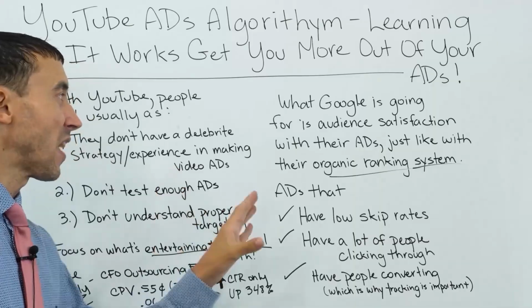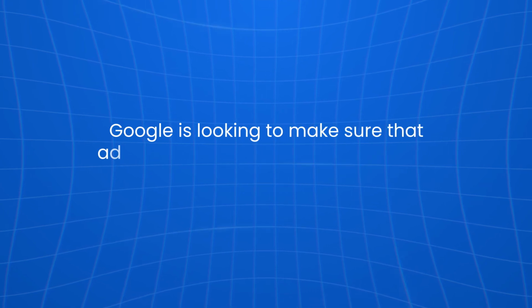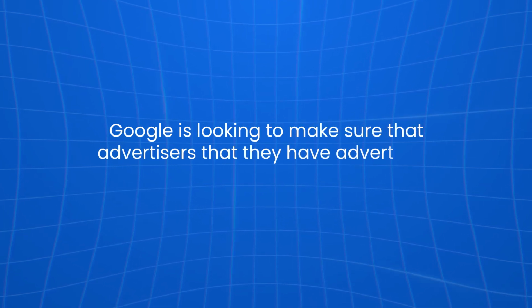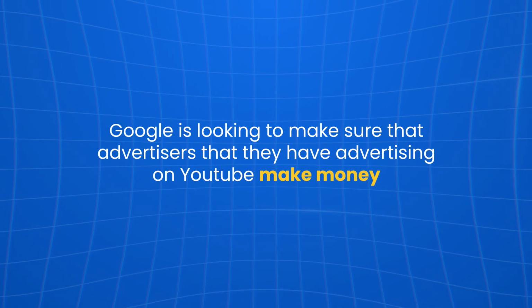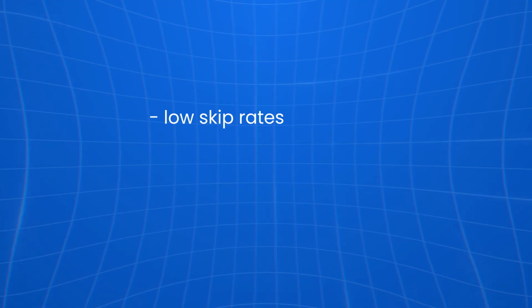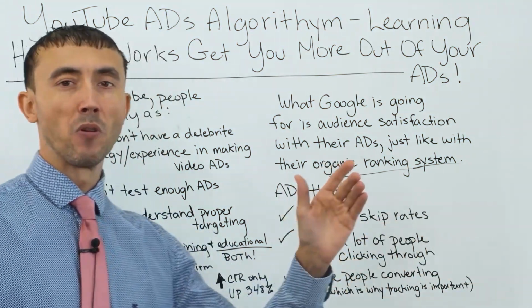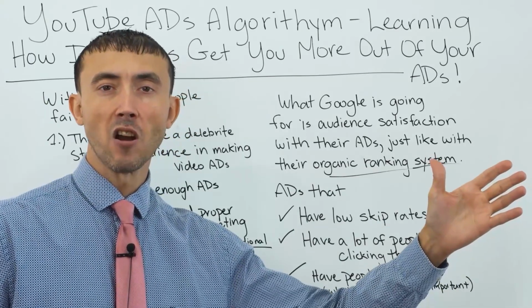And then to put that a bit more specifically, Google's looking to make sure the advertisers that they have advertising on YouTube make money if they have low skip rates on the ad. So the skip button, obviously, if people don't skip that as often, indicating they like at least the hook at the start of the video.